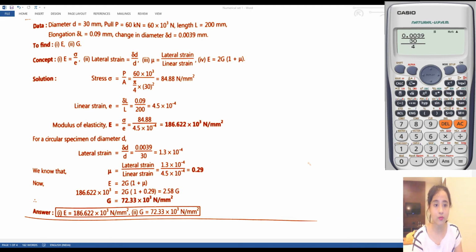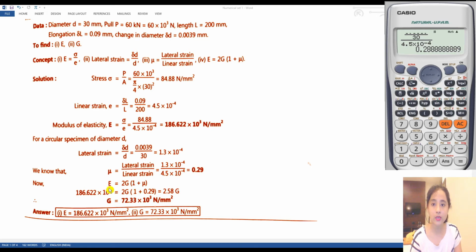Linear strain we found 4.5 into 10 raised to power minus 4. So this is coming equal to 0.288. Approximately, rounding off, we get 0.29. So we have the value of mu equal to 0.29 here, right? Using this value of mu, we can get the value of G.